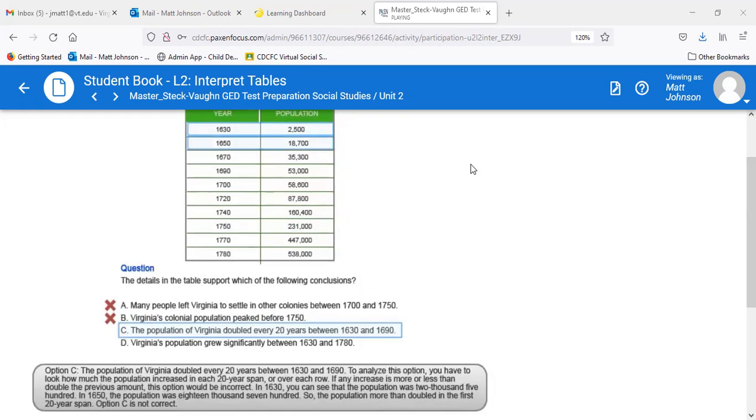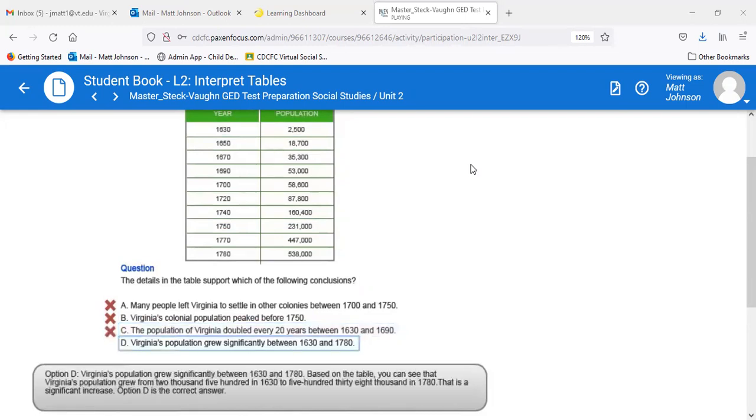So, the population more than doubled in the first 20-year span. Option C is not correct. Option D. Virginia's population grew significantly between 1630 and 1780. Based on the table, you can see that Virginia's population grew from 2,500 in 1630 to 538,000 in 1780. That is a significant increase. Option D is the correct answer.